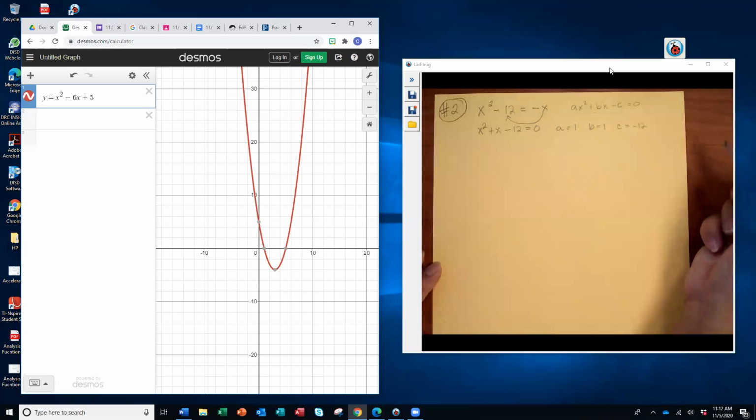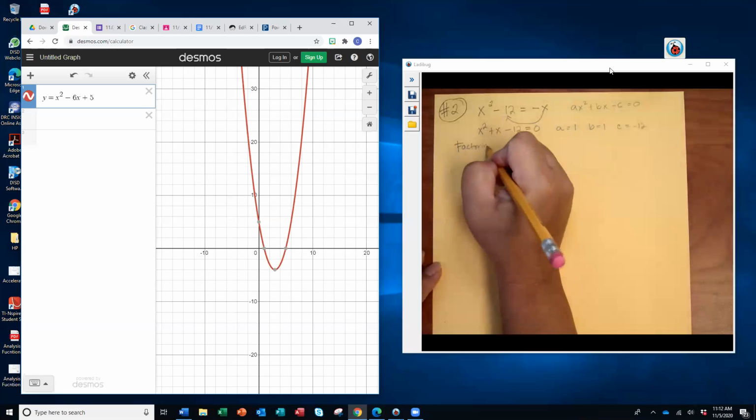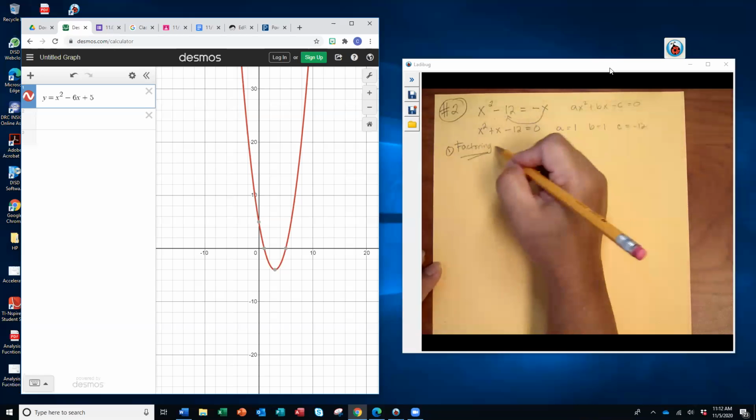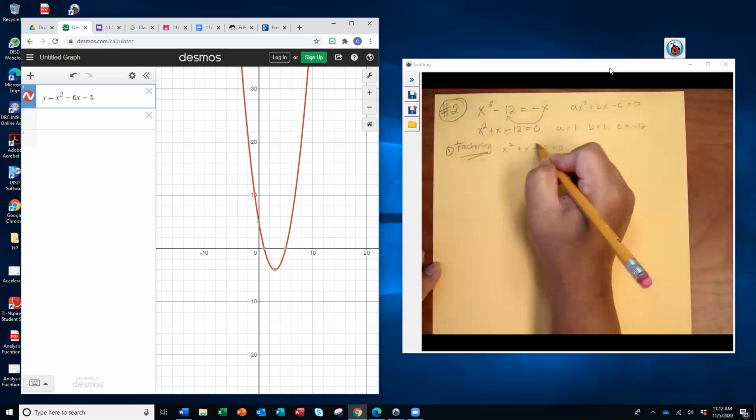Okay, so let me see. If I want to do factoring first, let's do the strategy for factoring first. Strategy 1, factoring by manual factoring. So I'm going to write it down again: x squared plus x minus 12. This is subtraction, right?